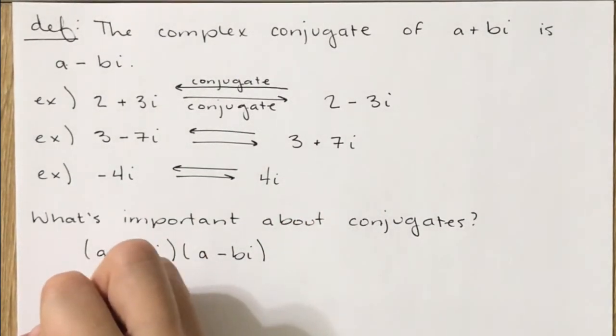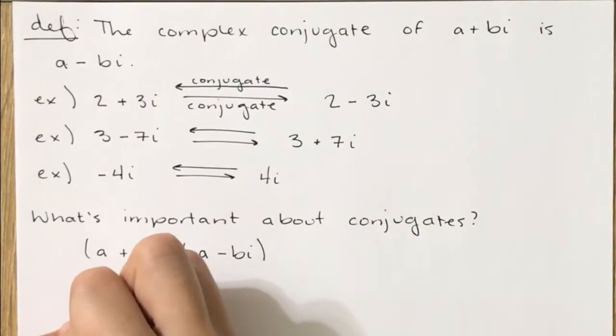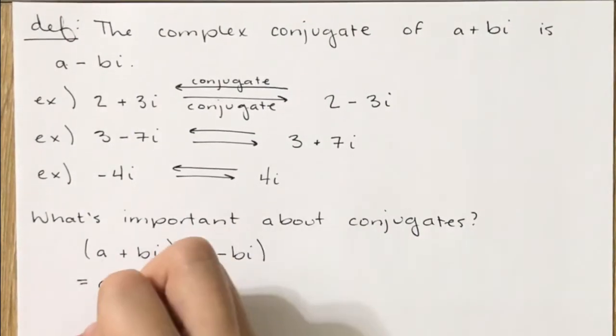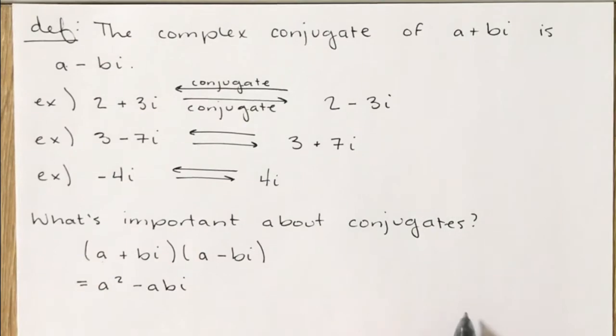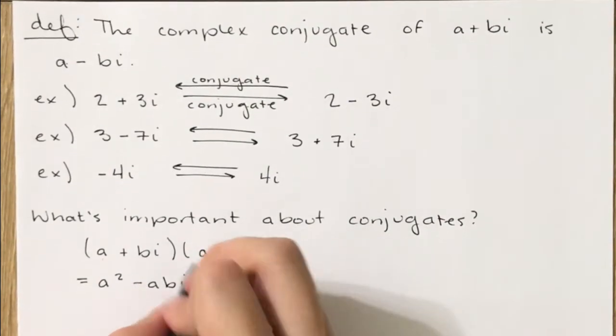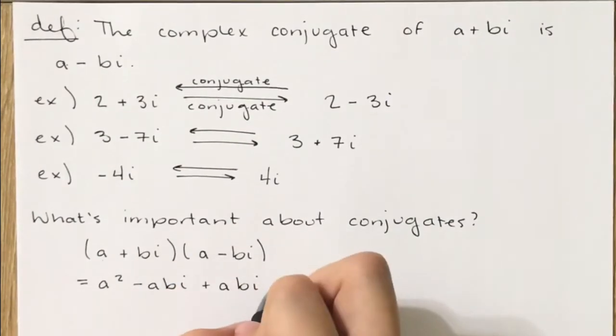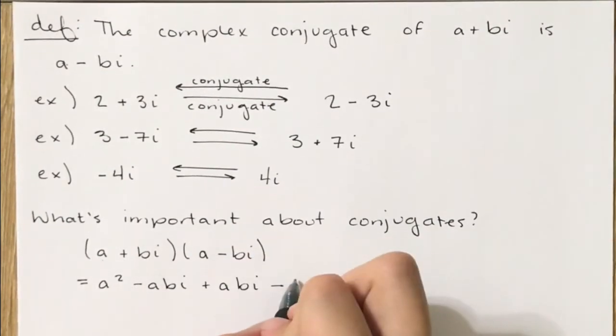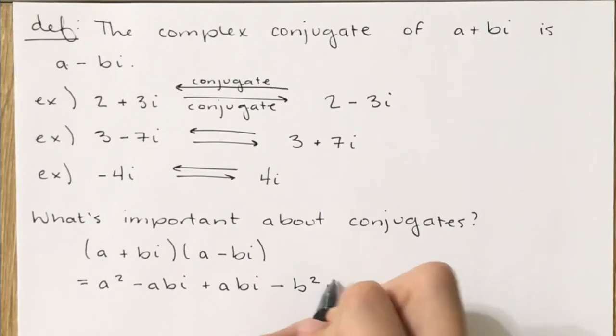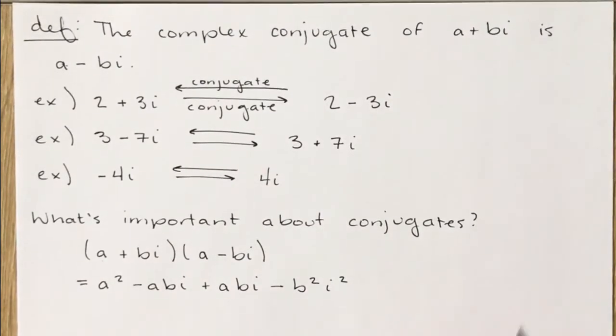I need to FOIL here. I have a squared minus abi plus abi minus, there's two b terms, so b squared, and there's two i terms, so i squared.